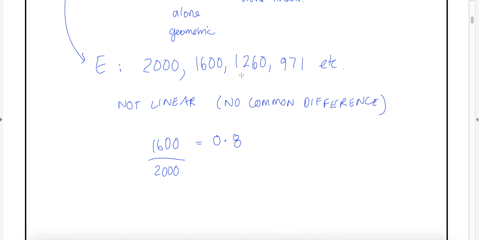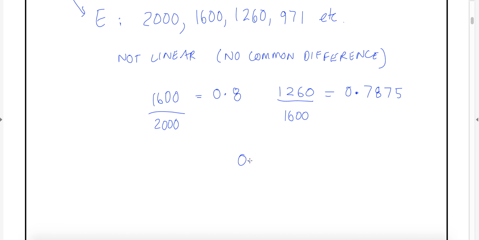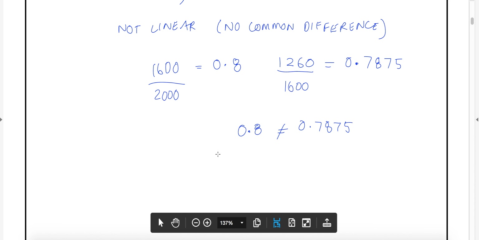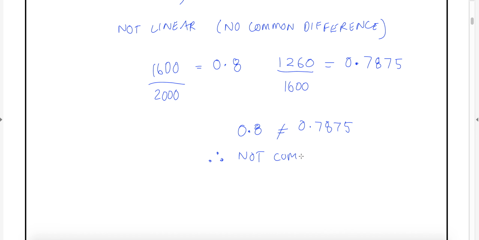If I then take the next consecutive pair, which is 1260 over 1600, I should get the same ratio, if this is geometric. Now, if you do that in your calculator, what you'll find is you get 0.7875. Since these are not equal, this means we don't have a common ratio, and therefore it's not geometric.